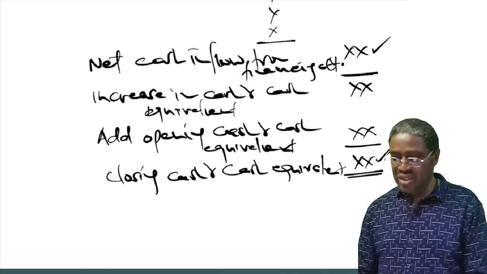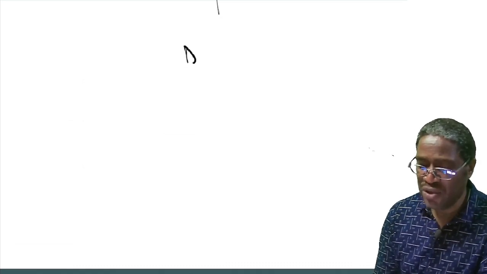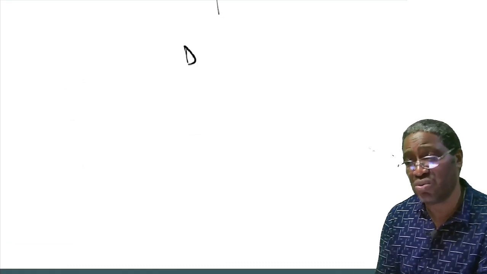But to explain it, I want to challenge you by giving you a question. This is something you must have done in your financial accounting, at the beginner's level. In that level, you did a topic called company accounts.